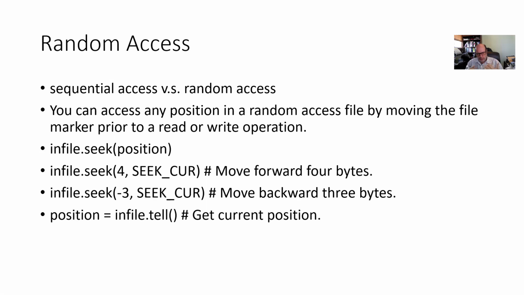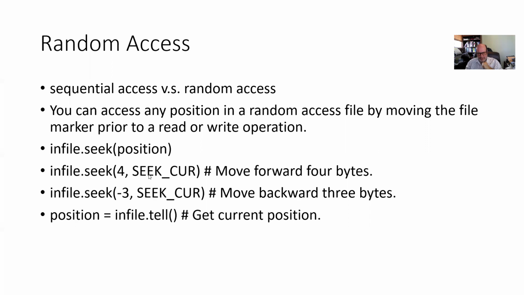So we're going to talk more about that. If I want to go to position 255, I'm just going to put it over here. Now, this seek is overloading a function. That means I can put a number in there. And the seek current is the current position of my pointer, where I am. So if I say file.seek(4, SEEK_CUR), it is going to go from the current position and move forward 4 bytes.